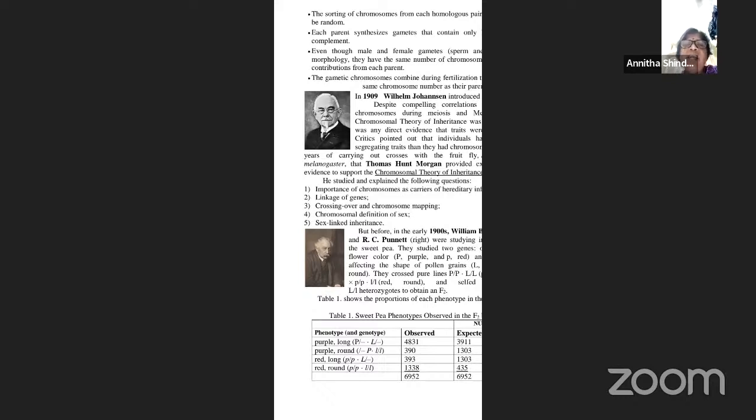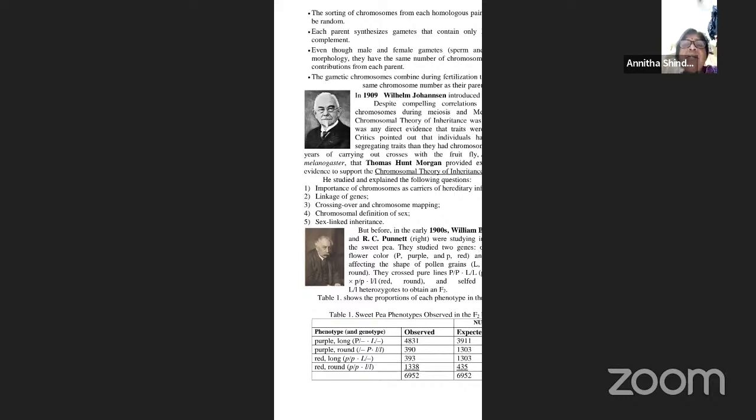According to the chromosomal theory of inheritance, Sutton and Boveri gave importance to the chromosomes as carriers of hereditary information. In the chromosome, the genes are present, and these genes undergo linkage and crossing over, and also chromosome mapping, and they also described sex-linked inheritance.